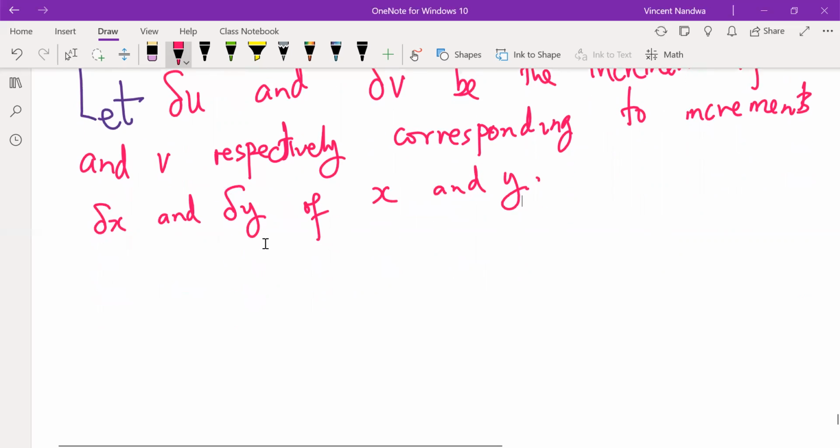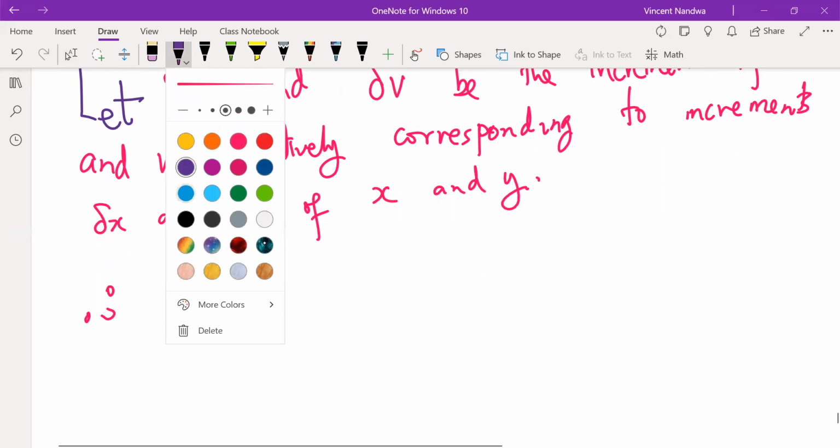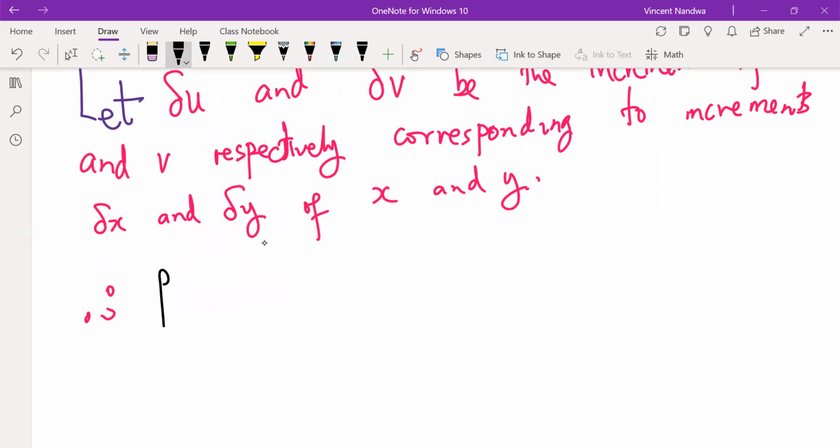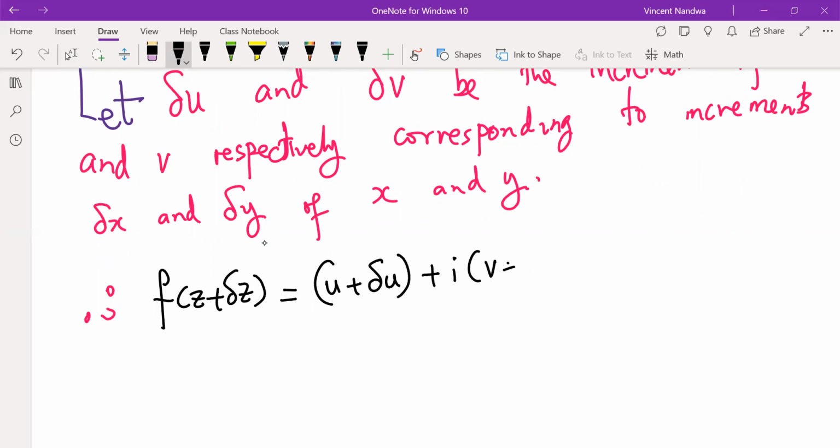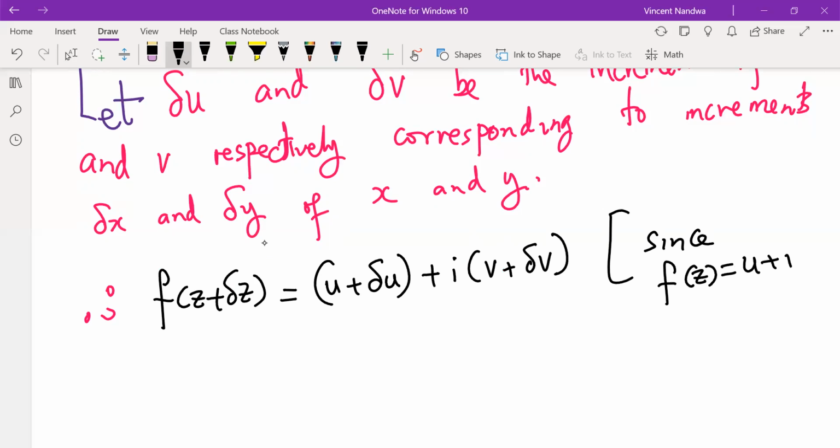So now, f of z plus delta z will be given by u plus delta u, and then plus i into v plus delta v, since we said f of z is u plus iv.